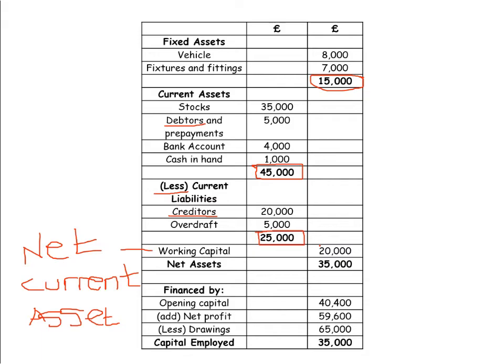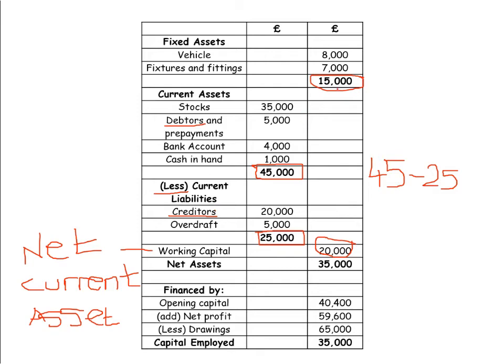So how would we have got that? Well, it's current assets, so £45,000 minus our current liabilities, so £25,000, which equals £20,000. Yay! Right answer. Okay, and then net assets is just your total assets, so your fixed assets plus current assets, minus your current liabilities.